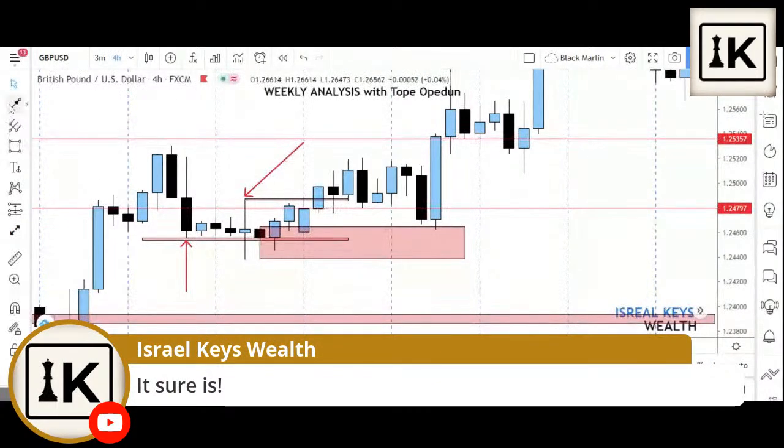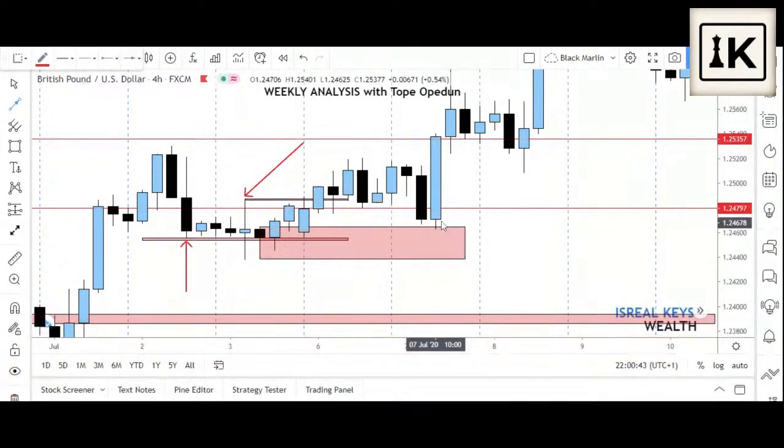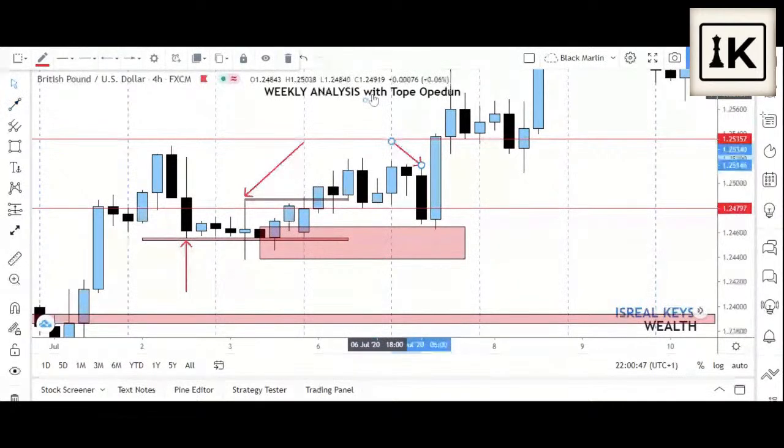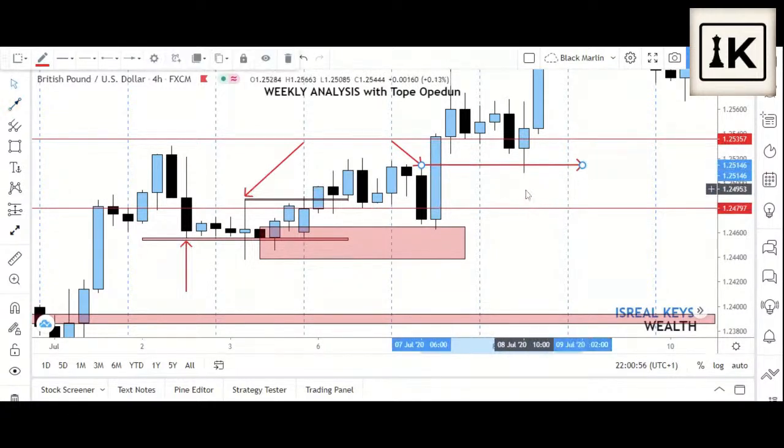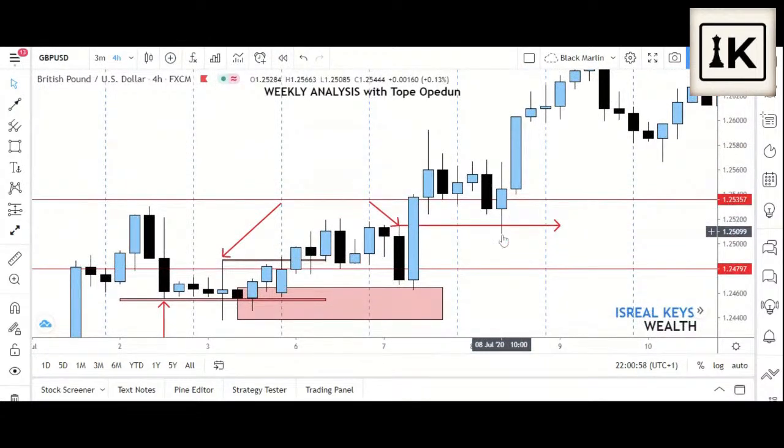And as it took off, what happened? This bullish candle engulfed this bearish candle. And as it engulfed, this is just if you wanted to just use H4 to trade, okay? Look at the high of that H4 candle. Look, price came into it nicely and what? Took off.